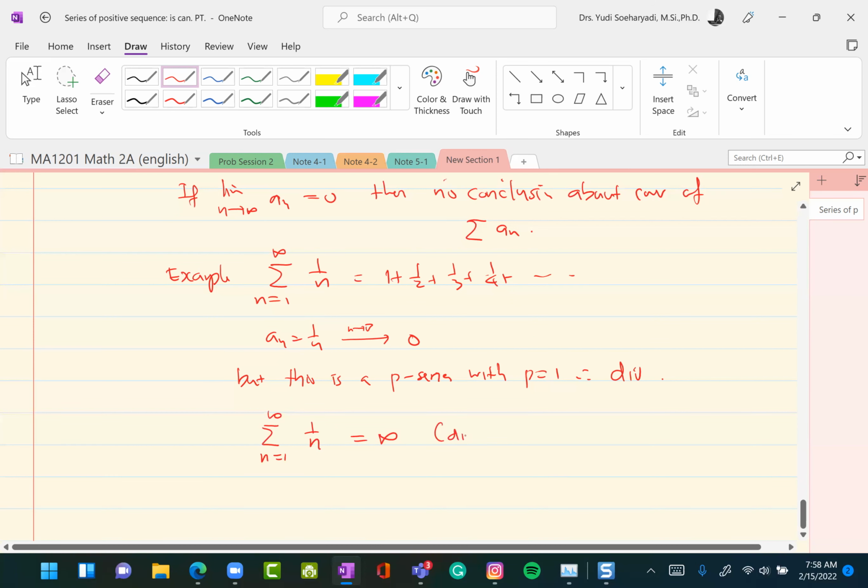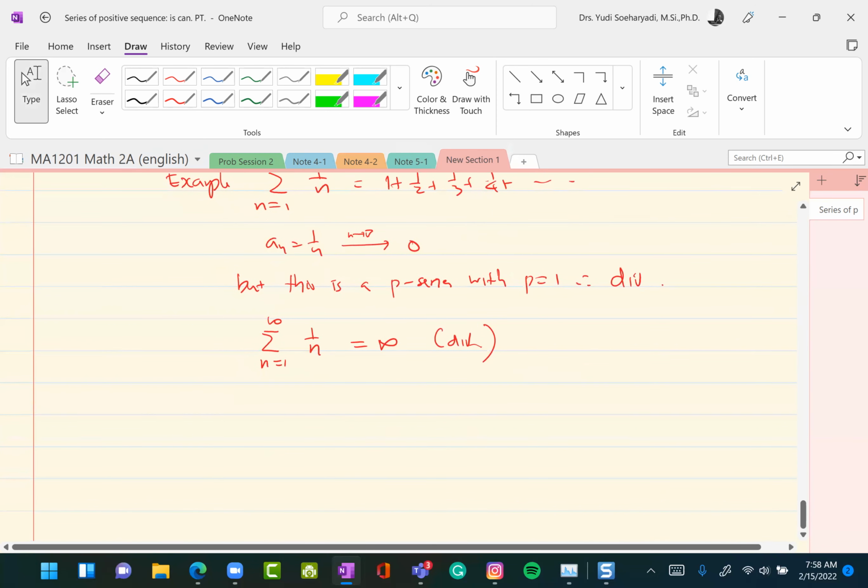But the divergence goes very slowly. Just an illustration here.